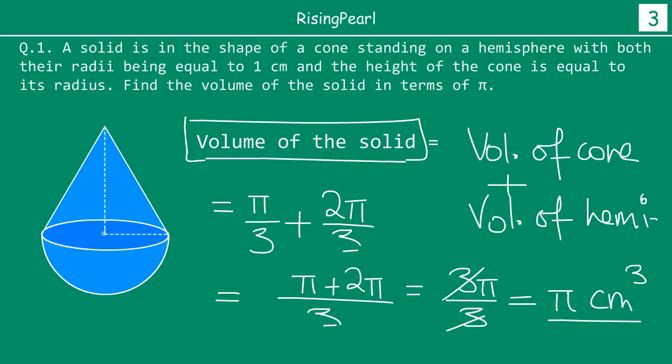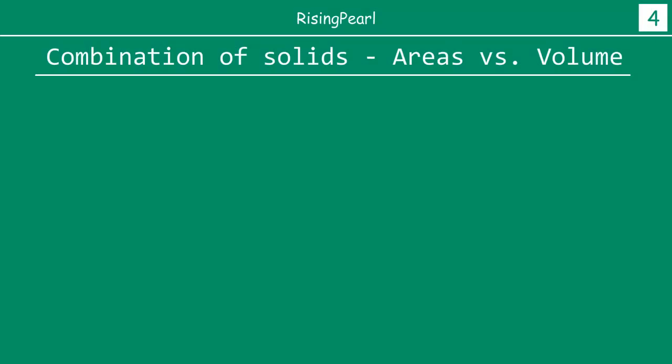So friends, one very quick observation I would like to make is about combinations of solids. Let's compare and contrast areas and volume. What do we do when we find the area versus when we find the volume?